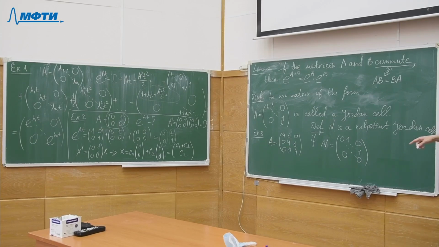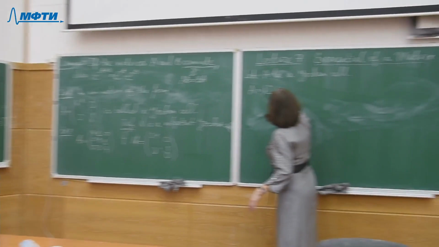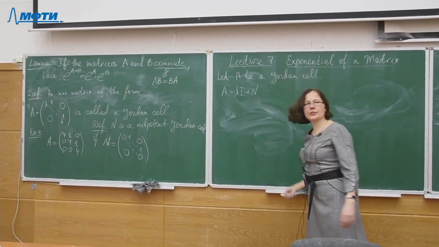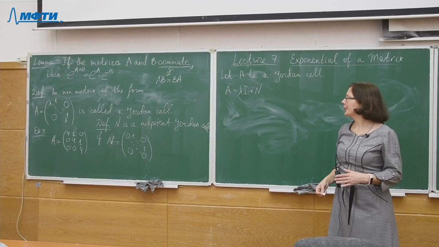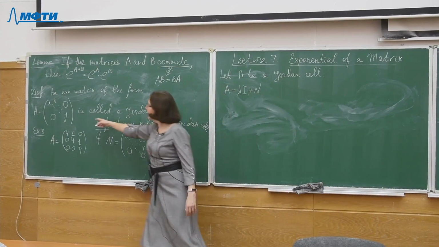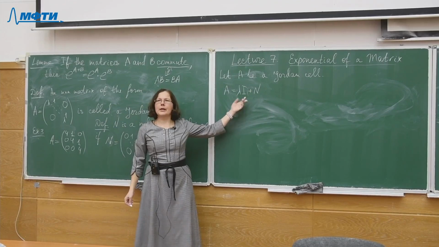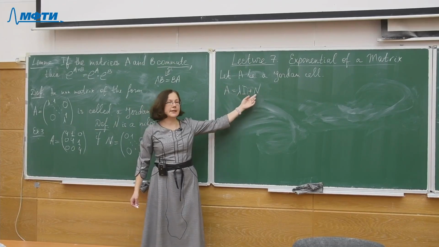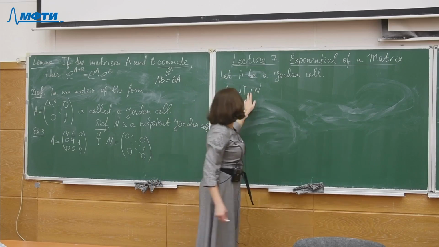Suppose A is a Jordan cell. Then A can be represented as lambda I plus N, a nilpotent Jordan cell. Is it clear? Any Jordan cell can be represented in this form: lambda times the identity matrix plus a nilpotent Jordan cell.